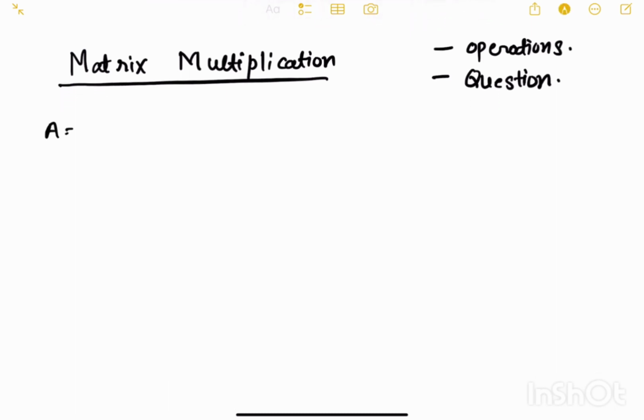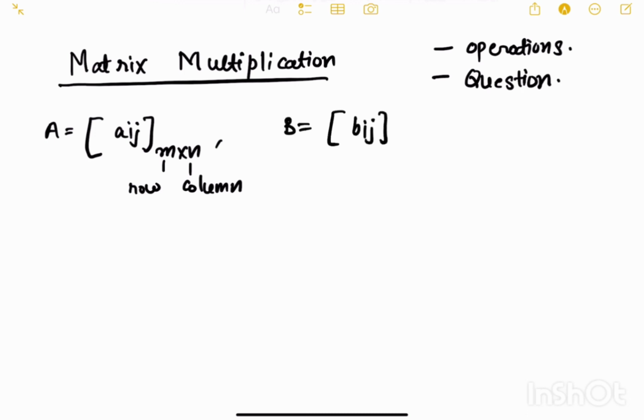First of all, we must know that if I have a matrix A with the order m cross n, that is, it has m rows and n columns, and another matrix B. This is my Bij, and let it be of order p cross q.